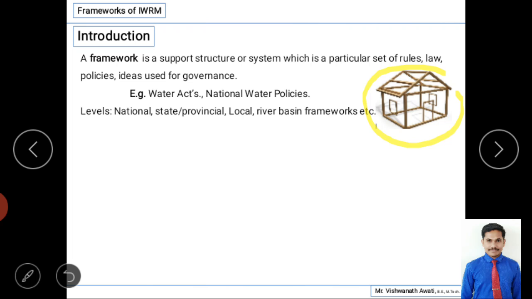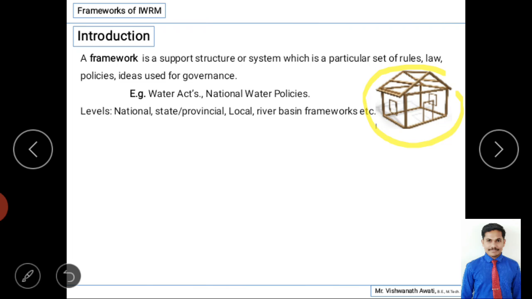A framework is a support structure or system, which is particularly a set of rules, laws, policies, ideas used for governance. The meaning of frame is different for different fields of understanding. If you go to the IT industry, they will call a frame something like coding and different things.